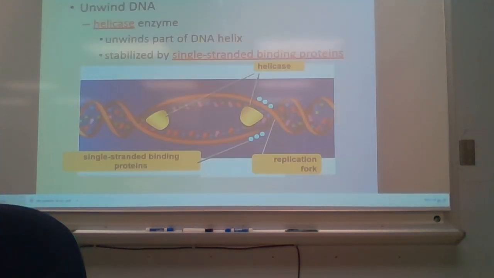So first step of DNA replication is that we have to unwind and separate the strands. Right? We mentioned that yesterday in the very simplified version of replication we looked at. And that's where our very first enzyme comes into play. So, helicase.